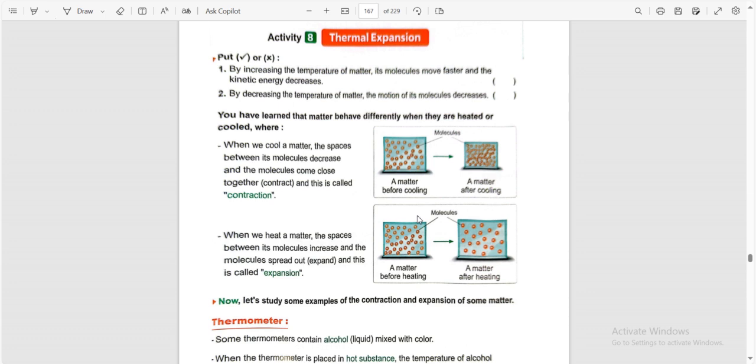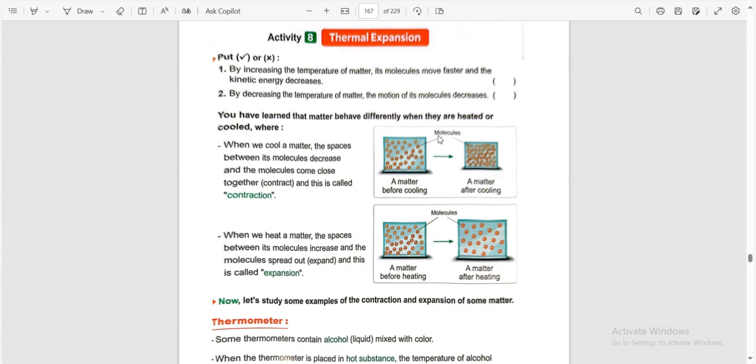So when the size of anything increases, this means that this expands. And a very important thing to know about matter is that matter can change its size as well. So matter contracts and expands according to the temperature.